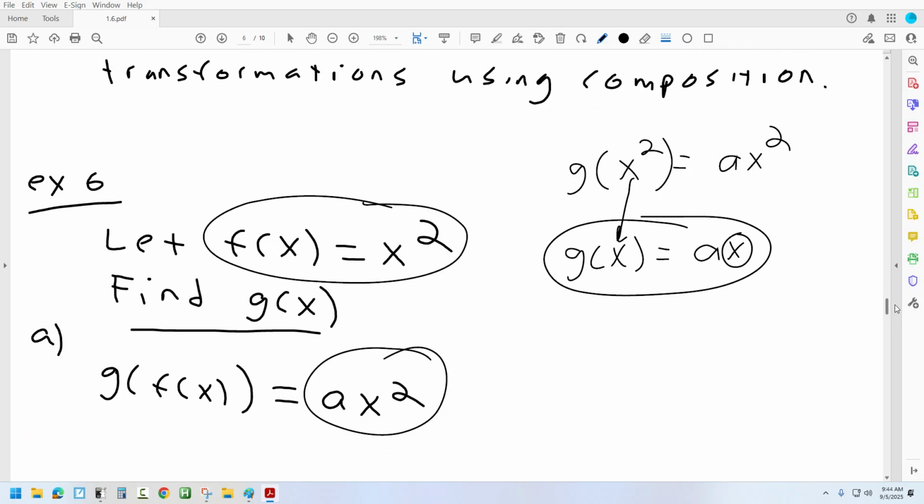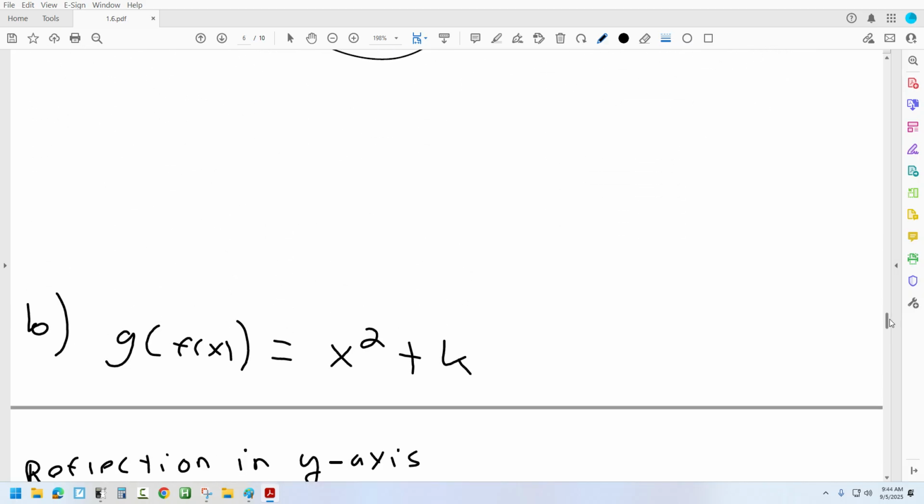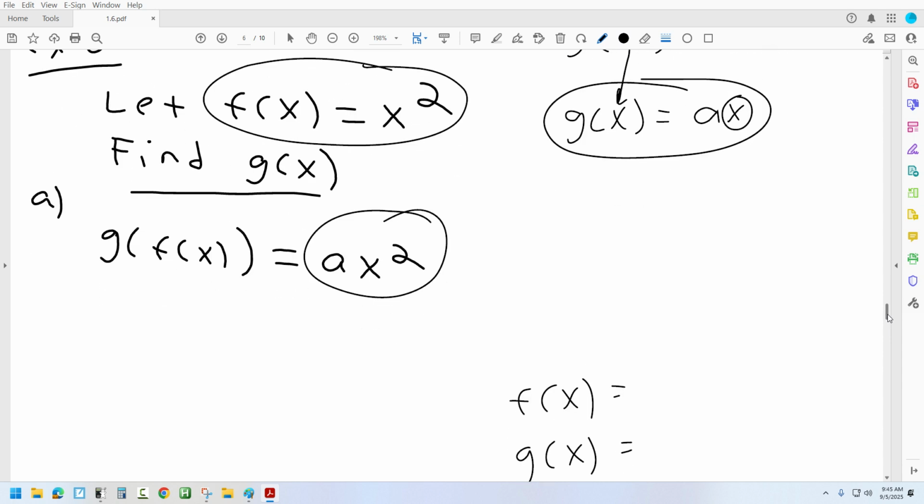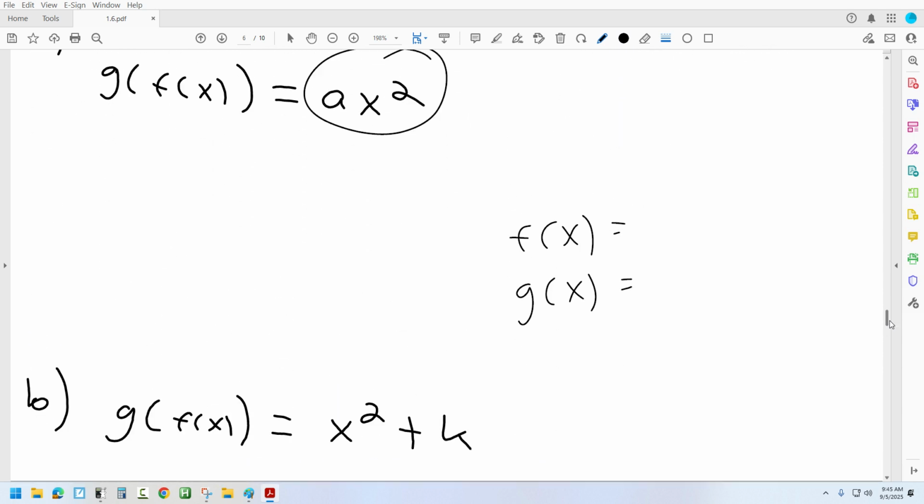Let's try this one. X squared plus k. Okay, that's the composition. Okay, f of x is given. That's x squared.